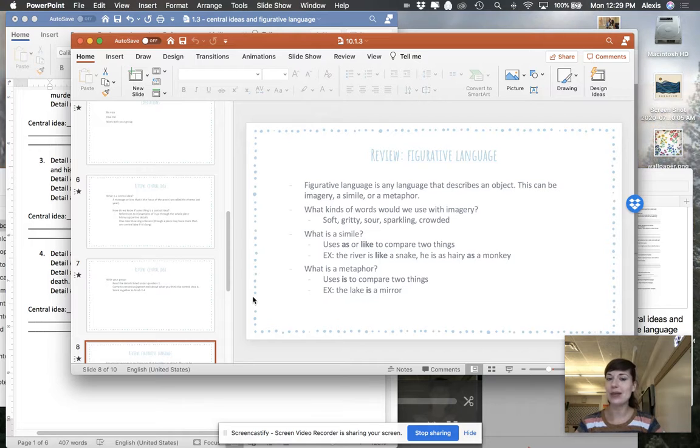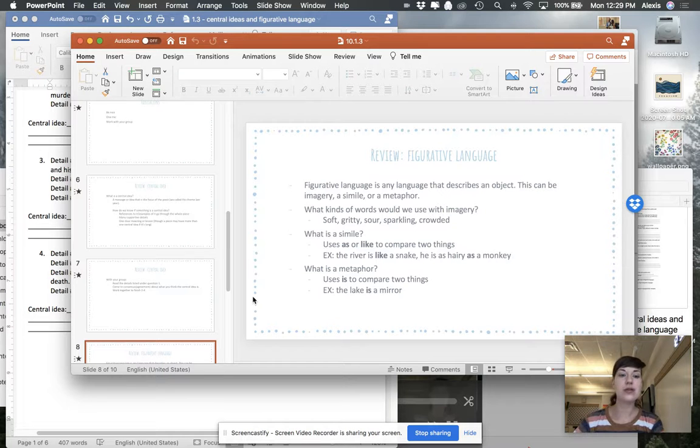If it doesn't, it's probably a metaphor. Okay, so if we take one of our similes from before, the river is like a snake, and we wanted to make that a metaphor, we would say the river is a snake. Or another example might be the lake is a mirror. We're saying those two things are the same thing.